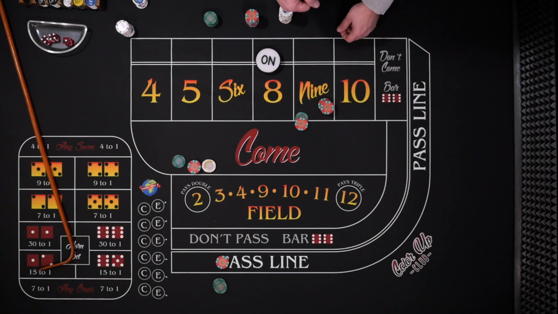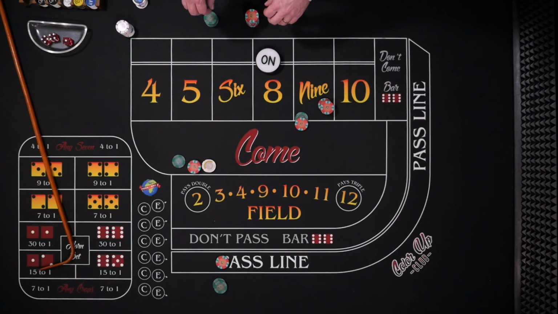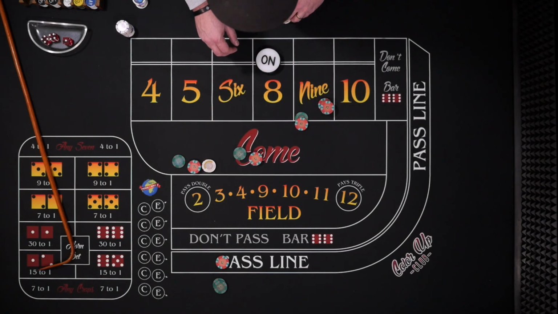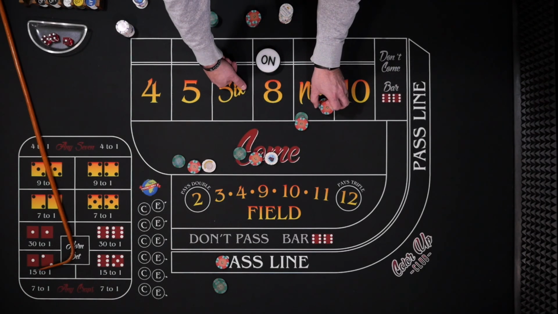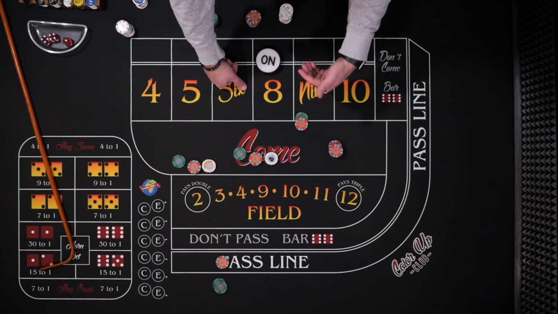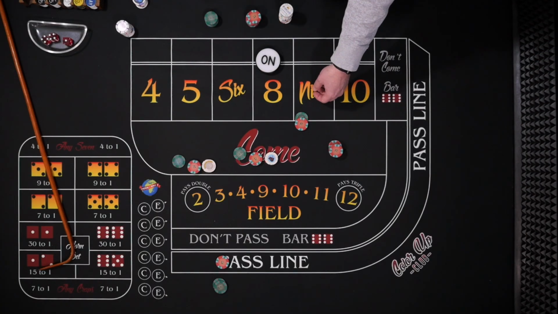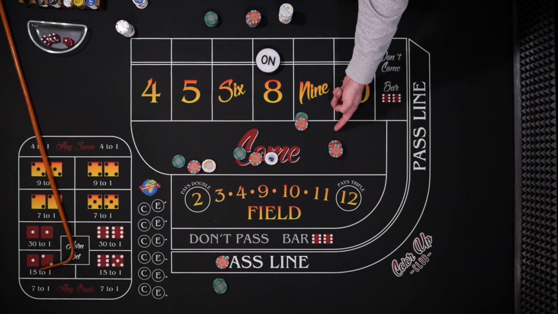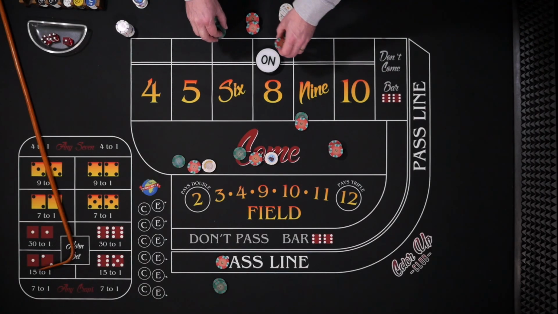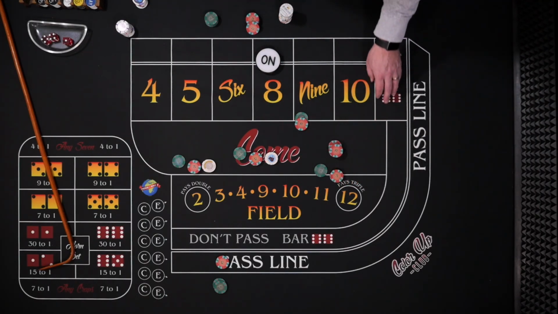Now the second time the 9 rolls, again, our place bettor is going to get paid $42. Our come bet player, these bets actually move down unless you have a new come bet coming on, and they'll get paid. They get paid true odds though, right? So our $20 bet is going to get paid 30 for the odds. Our flat bet is going to get paid 1-to-1. So in this case, this bet is going to get paid $40.